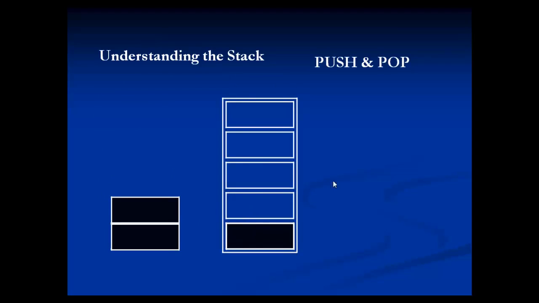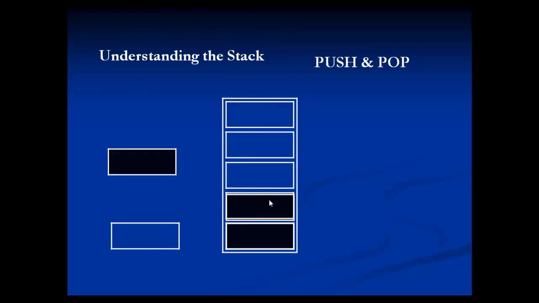Now we have this location as the top of the stack. If we push some other element onto the stack, the element will be pushed onto this location. Similarly, we can push one more element onto the top of the stack. So every time we push an element, it will be pushed onto the top of the stack.